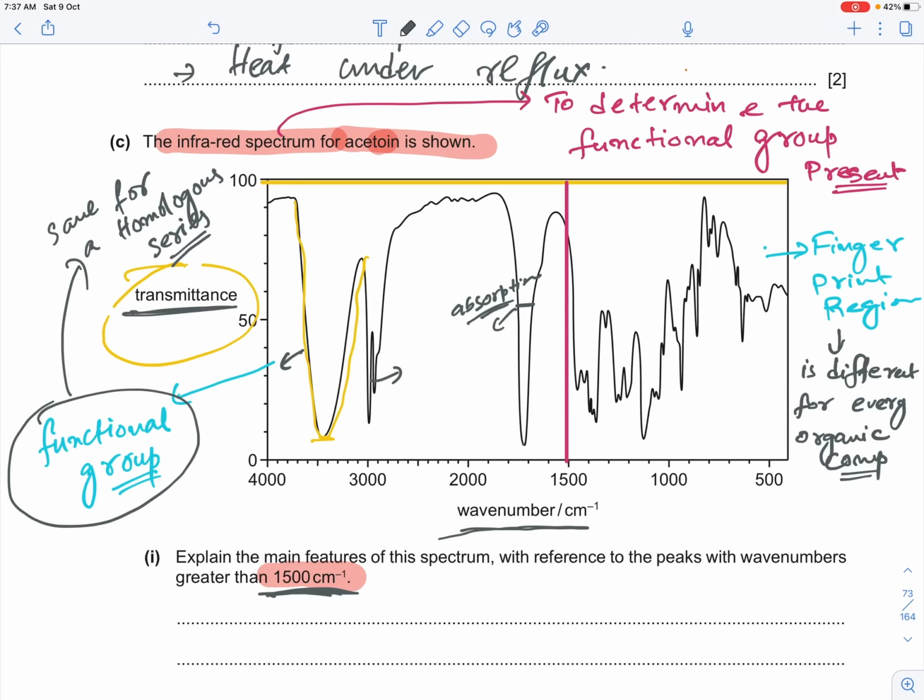So for example, for this peak, this is the lowest point, right? So we just notice the lowest point, this is 1500, 1600, and then 17. So this is around 1720. So let's say this peak is at 1720. Then for the other peak, the lowest point is this.